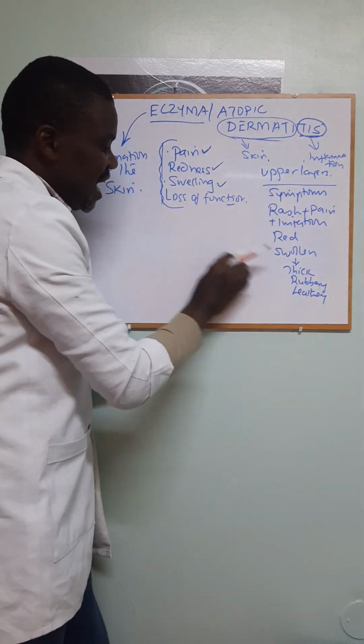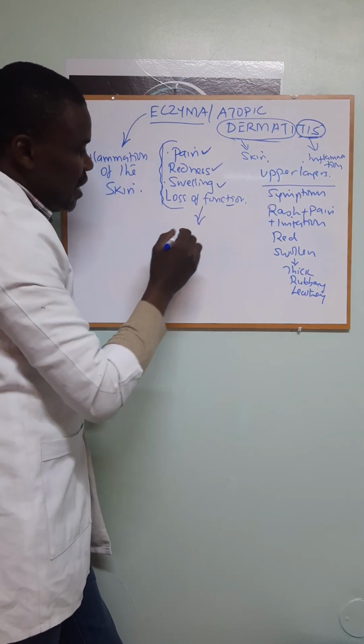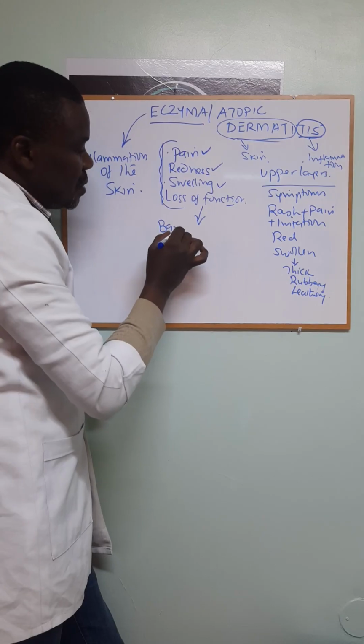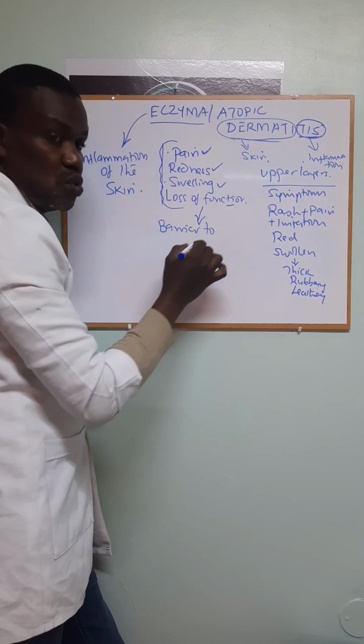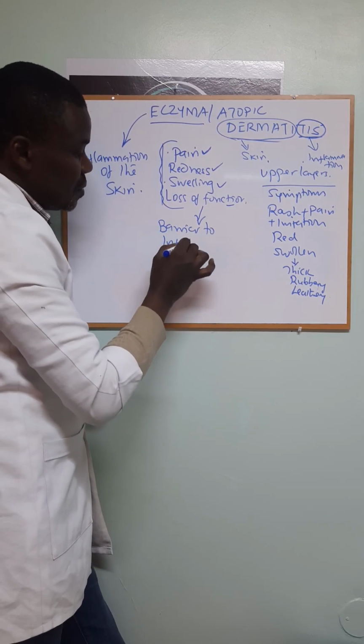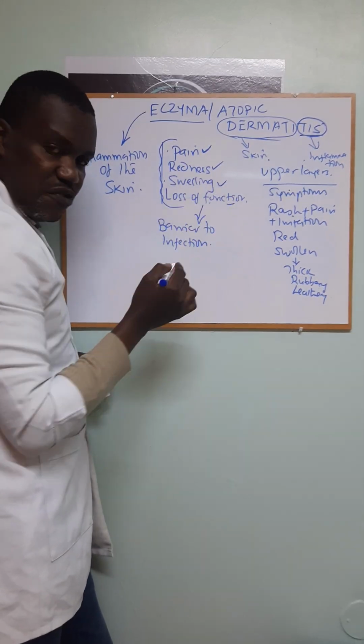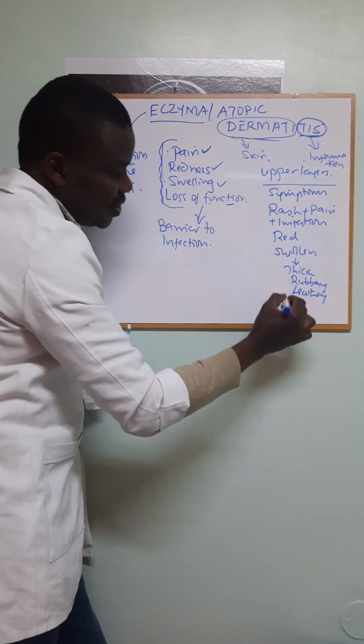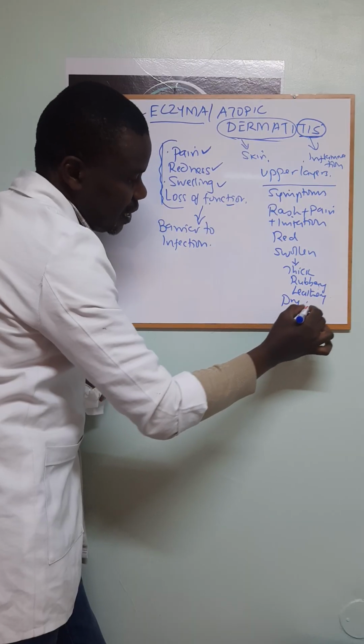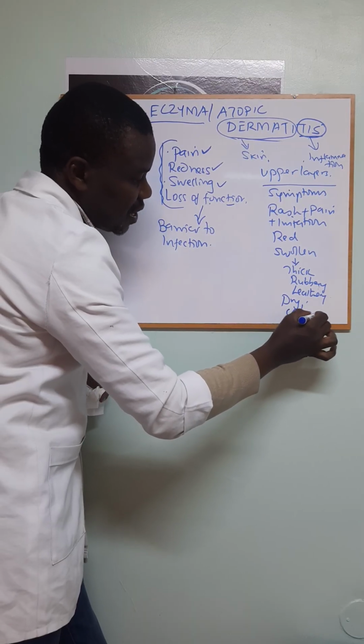What is the function of the skin? It is a barrier to infection. How will it lose the function? It will lose the function because the skin will also become dry and it will have cracks.